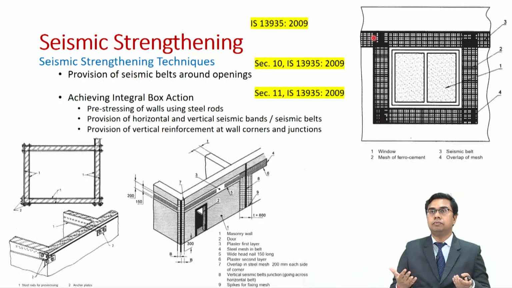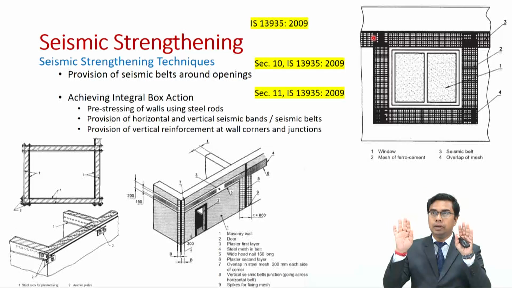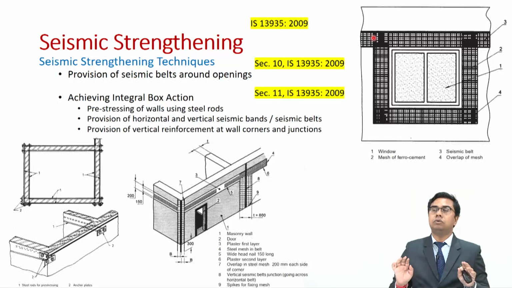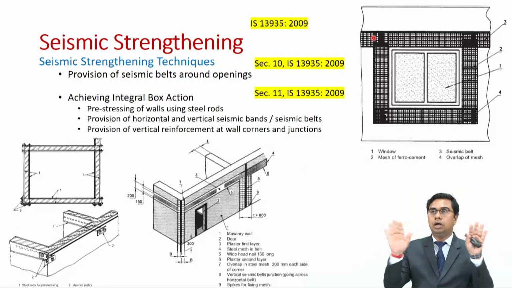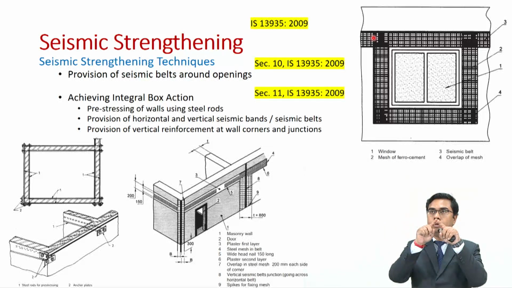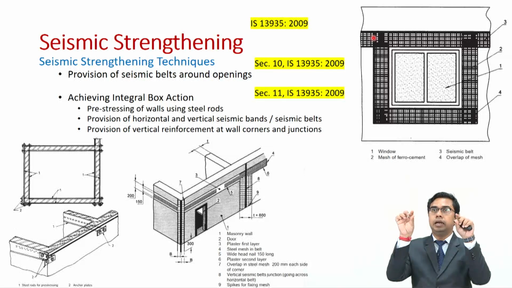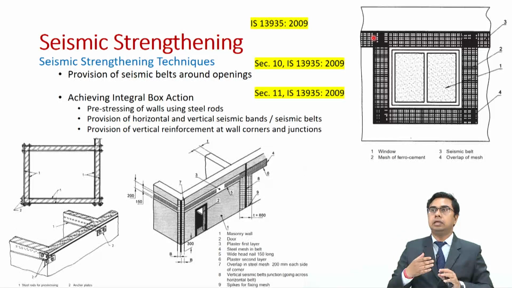You will provide a seismic belt. It will be in a similar plane, but it will be protruding out of the wall. So, there is a wall, you do not have the seismic bands around this opening. So, you will provide a seismic belt around the opening, but on the outside of the wall.